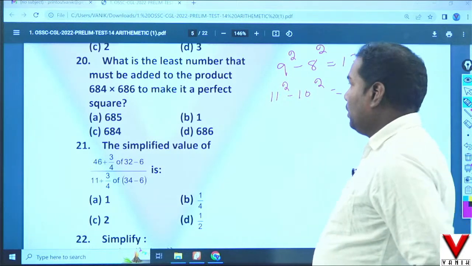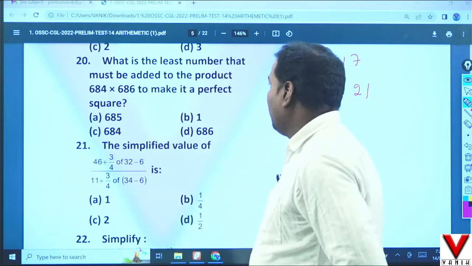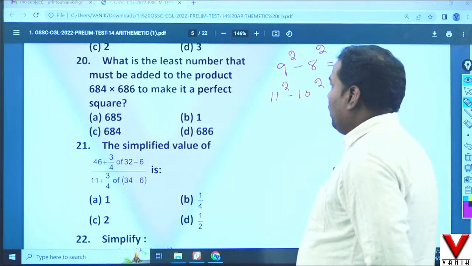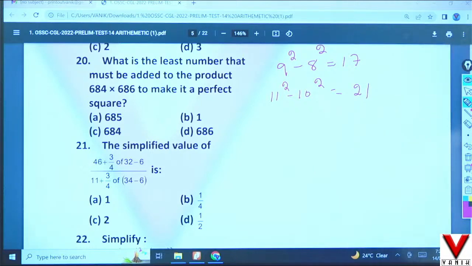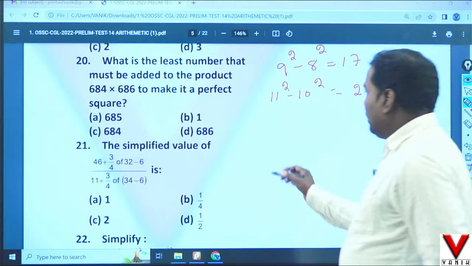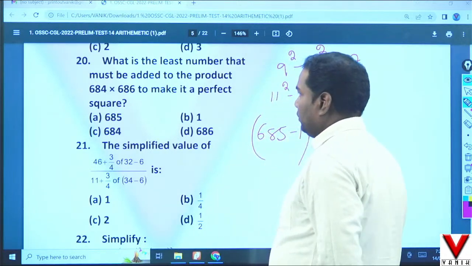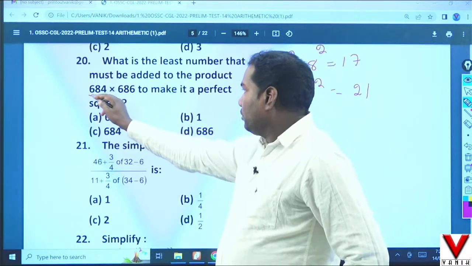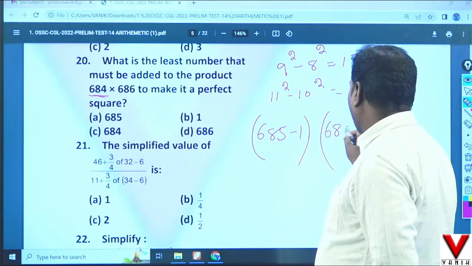Clear? So here 684 into 686. What is the least number that must be added to the product 684 into 686? I can write 685 minus 1 into 685 plus 1.